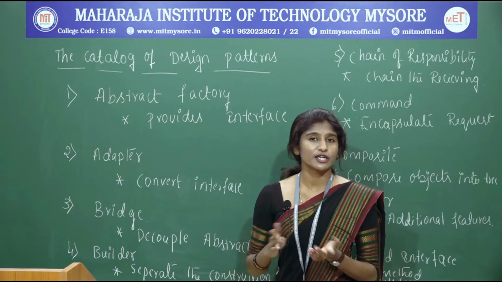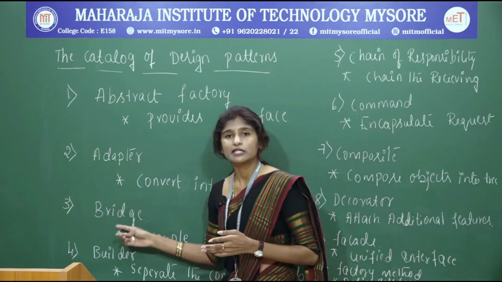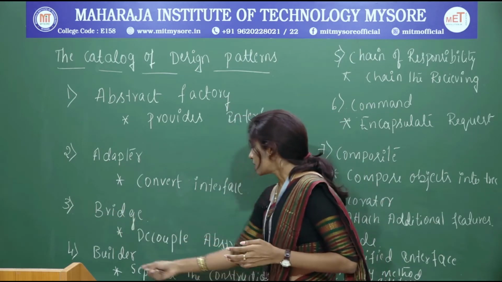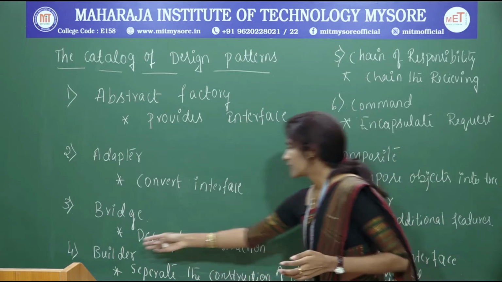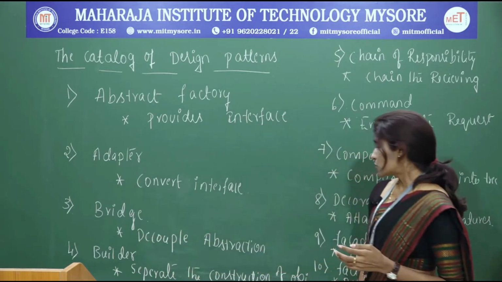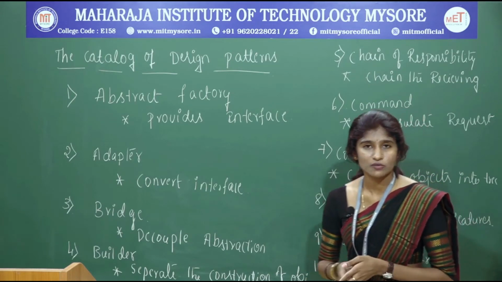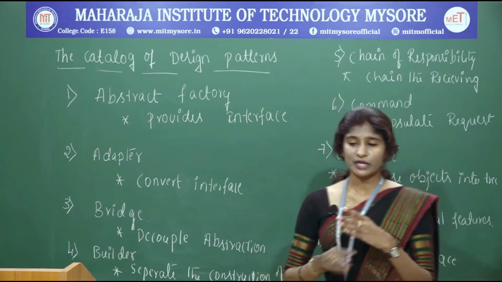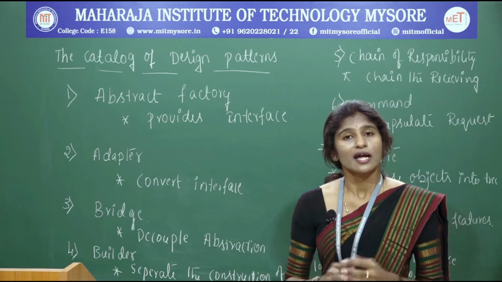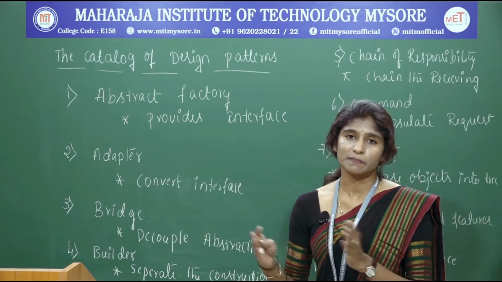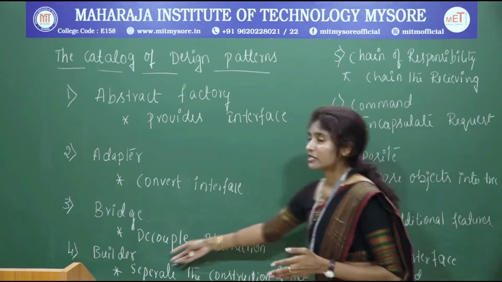Two ways of representation it can provide. That is the bridge design pattern. Then coming to the builder design pattern, it provides separate construction of the object, meaning it separates the class construction and the object construction into different parts. That is achieved by the builder.